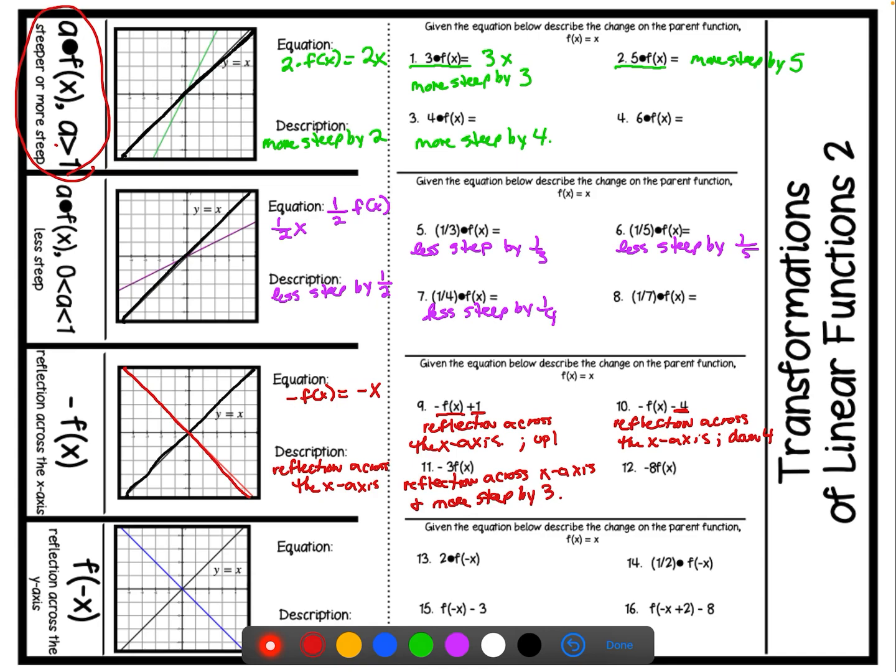Now, if we have f of negative x, where that negative is inside the parentheses, this represents a reflection across the y-axis.